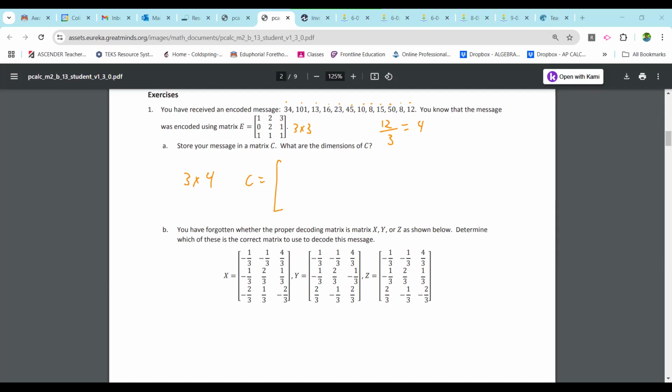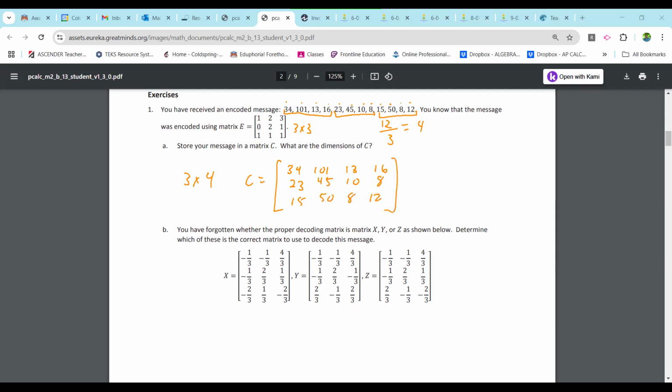How you would write this is you would write out the first 4 numbers, then the next 4 numbers, and then the last 4 numbers. This becomes 34, 101, 13, 16, 23, 45, 10, 8, 15, 50, 8, and 12.